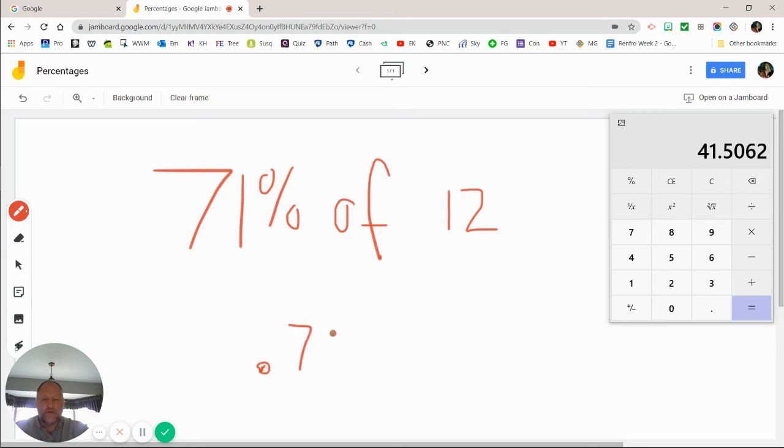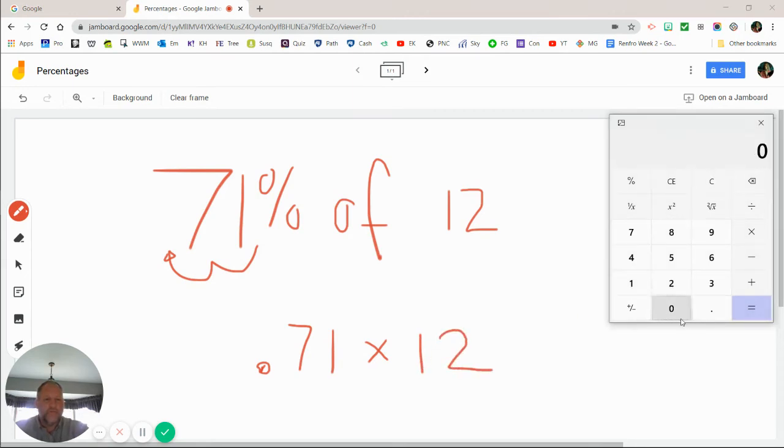Change 71% to a decimal by moving the decimal 2 places to the left and multiply that by 12. 0.71 times 12, 8.52. So 71% of 12 is 8.52. Okay, that's what we're going to be doing this week.